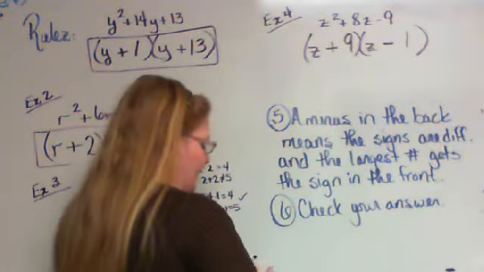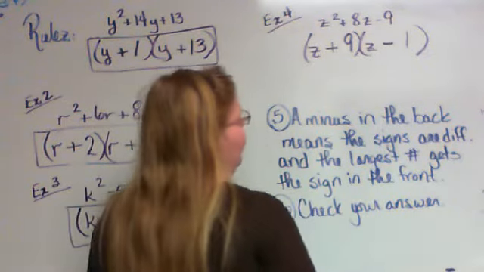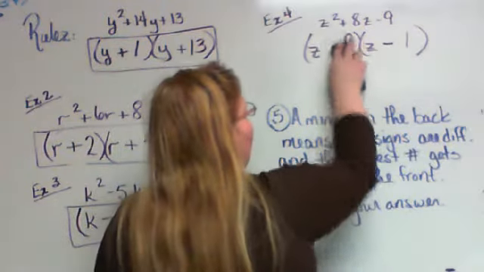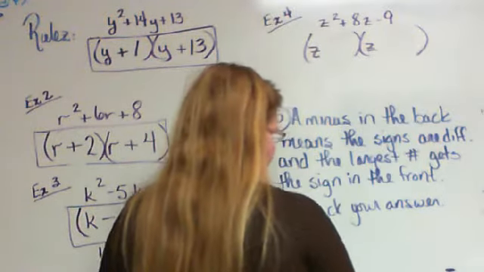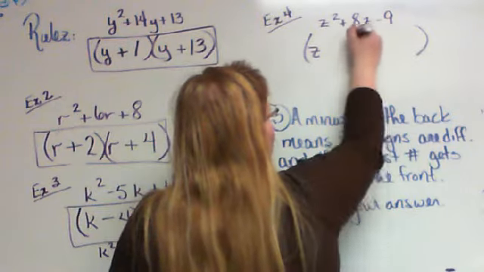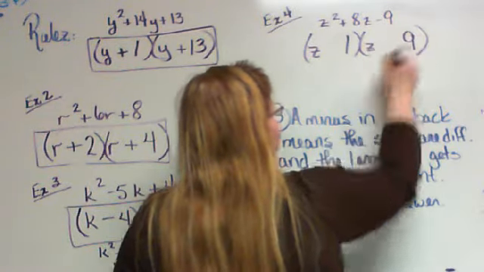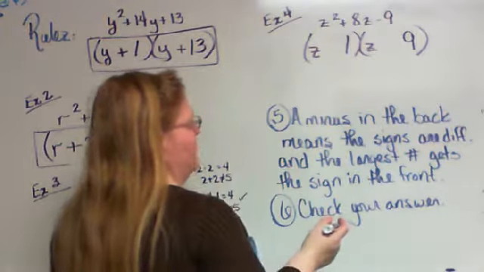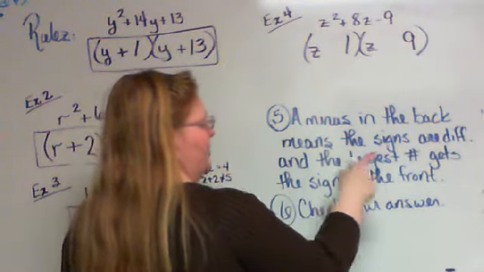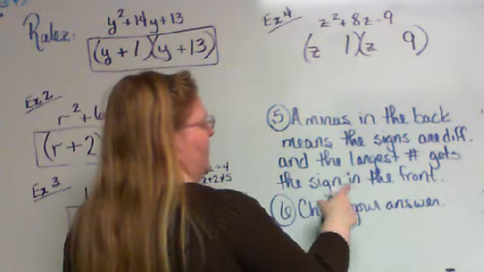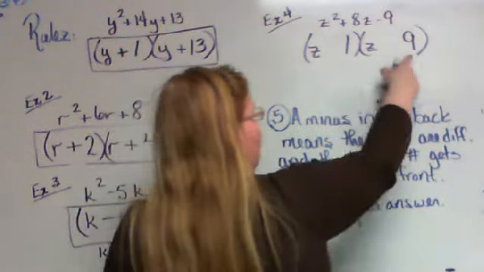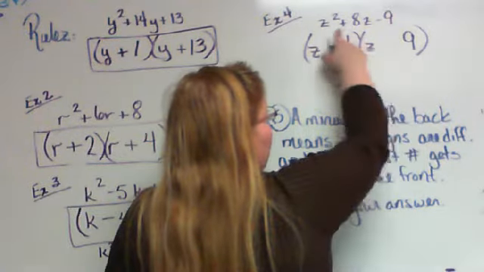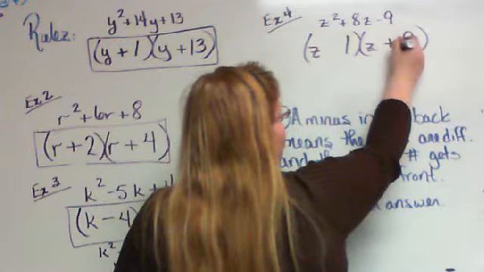But let's say that when I found my 9 and my 1, I put them in opposite places. Let's say I put the 1 here and the 9 here. That's okay. A minus in the back means the signs are different, and the largest number gets the sign in the front. My largest number is still 9. It's still going to get the plus.